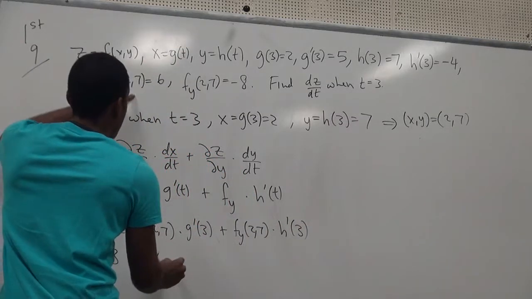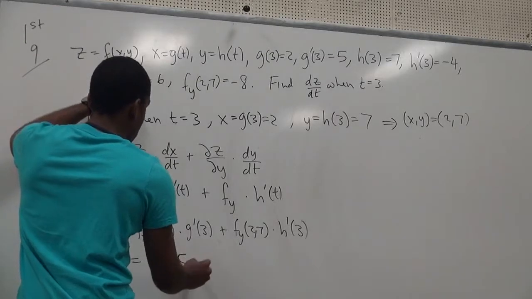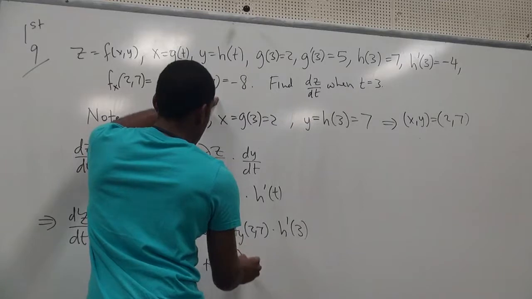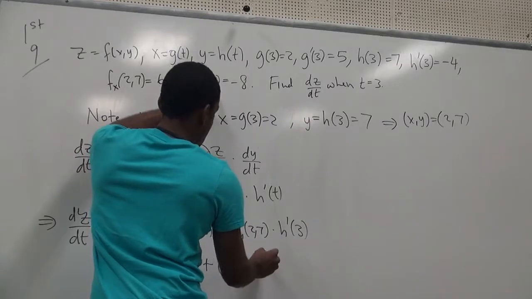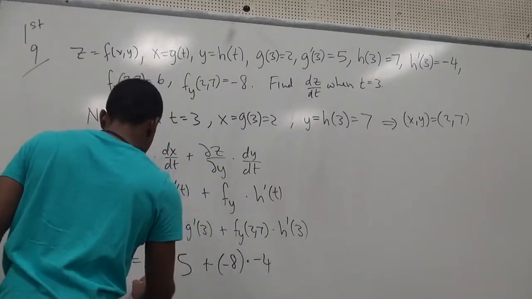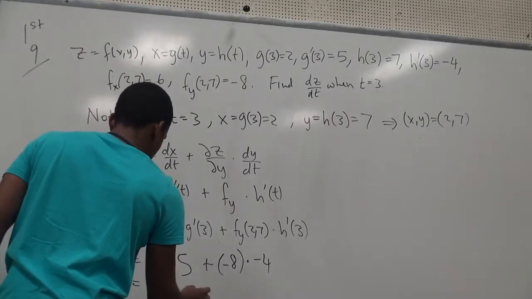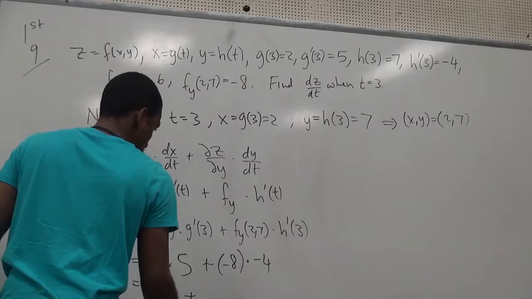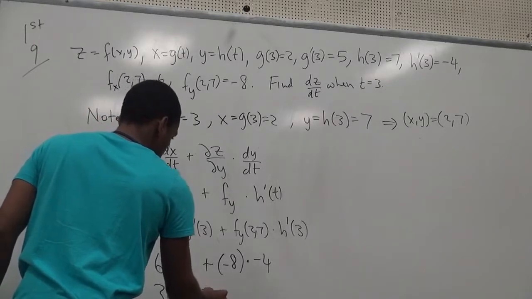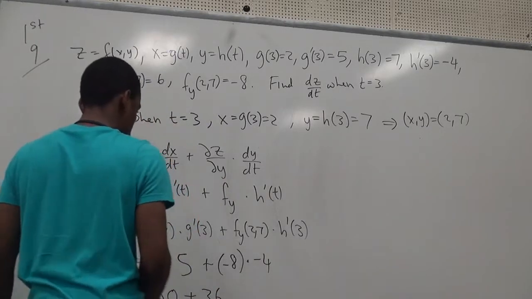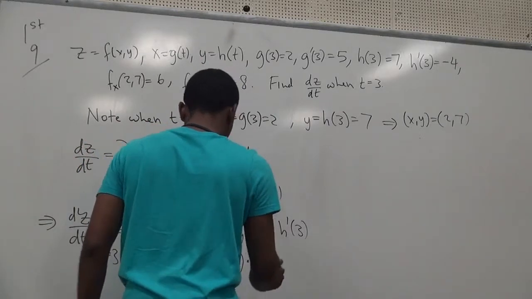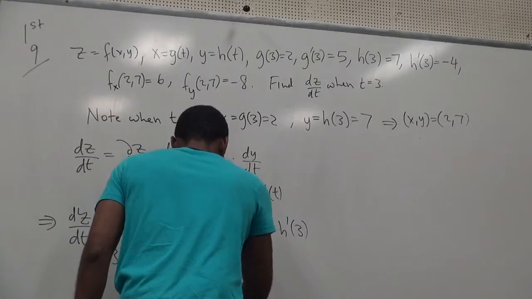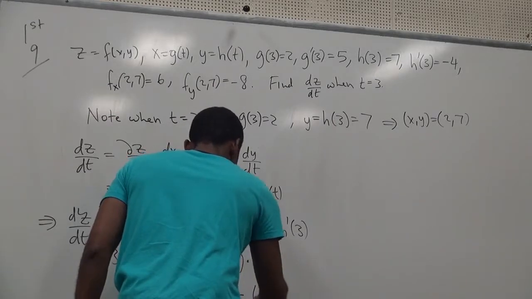That's 6 times 5 plus minus 8 times minus 4. That's 30 plus 32, which equals 62.